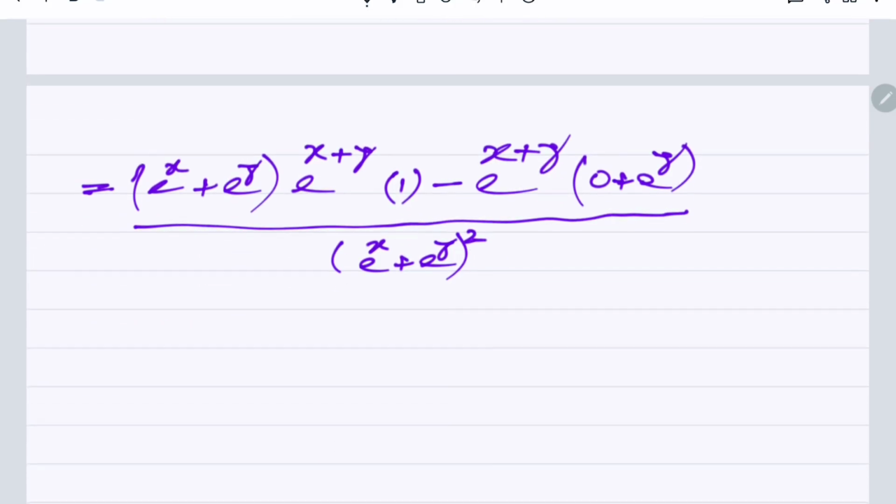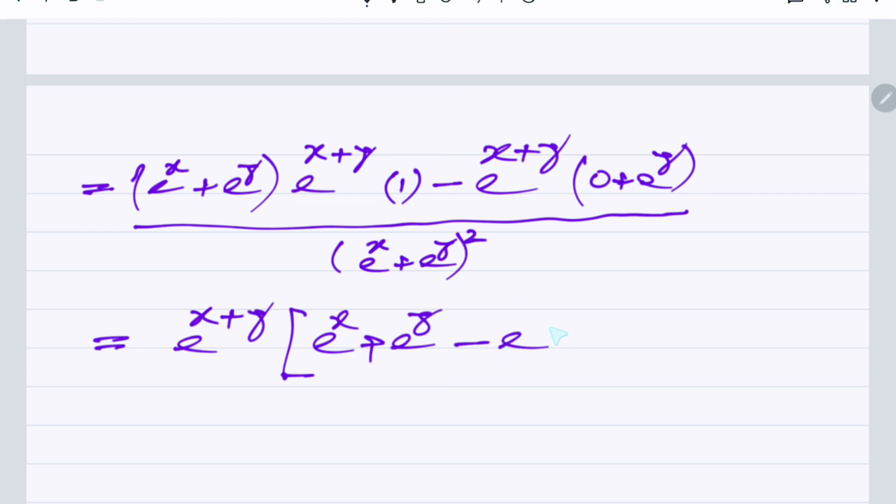Further simplified, we can take e raised to x plus y as common. The remaining terms are e raised to x plus e raised to y and minus e raised to y, and the whole divided by e raised to x plus e raised to y whole square.